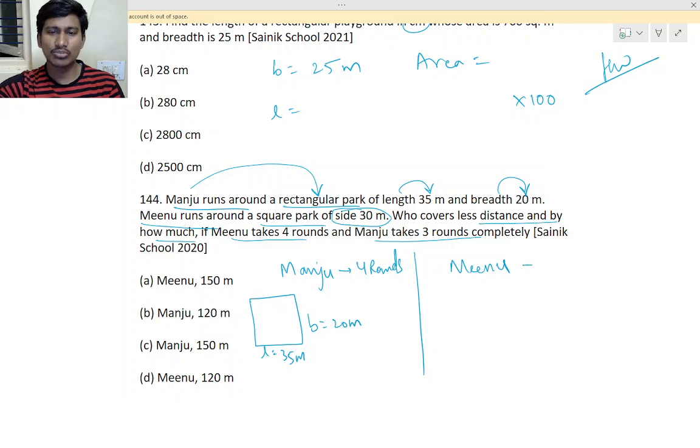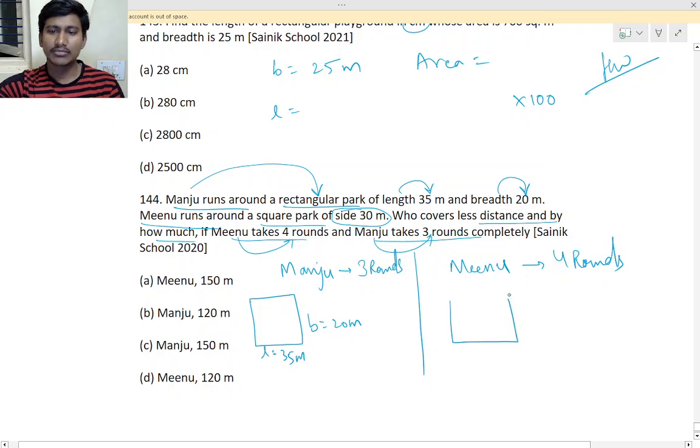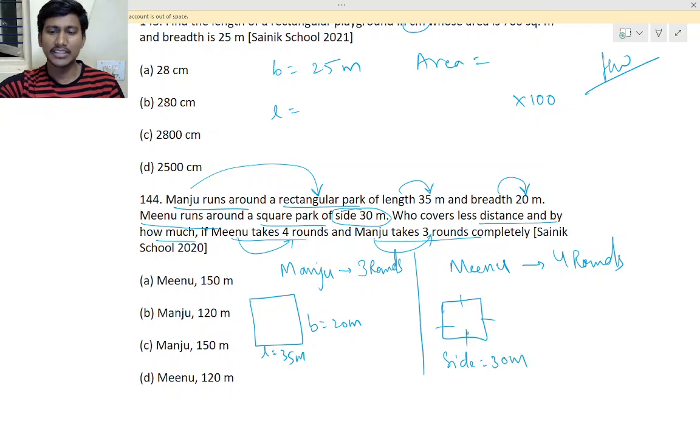Meenu takes 4 rounds around a square. Around a square means all the sides will be the same, so the side is 30 meter.